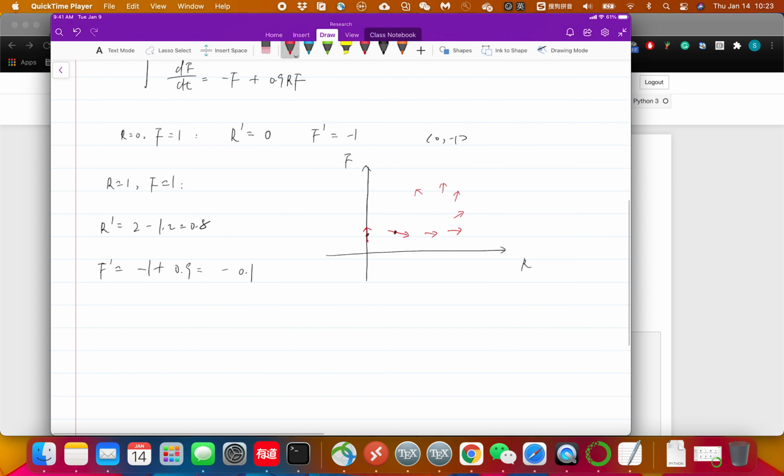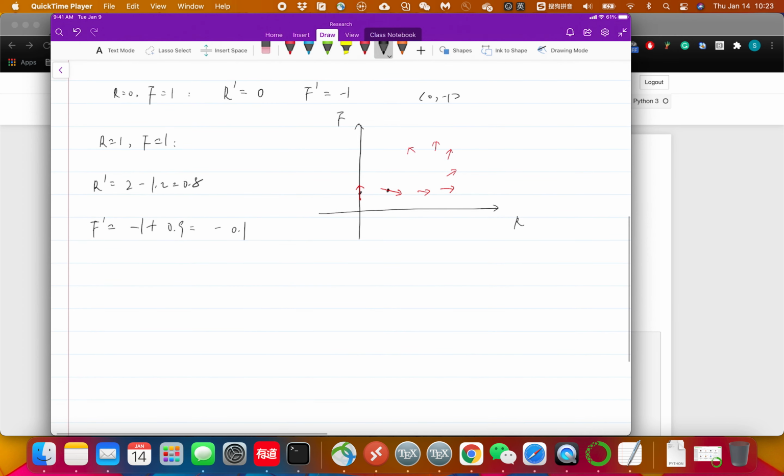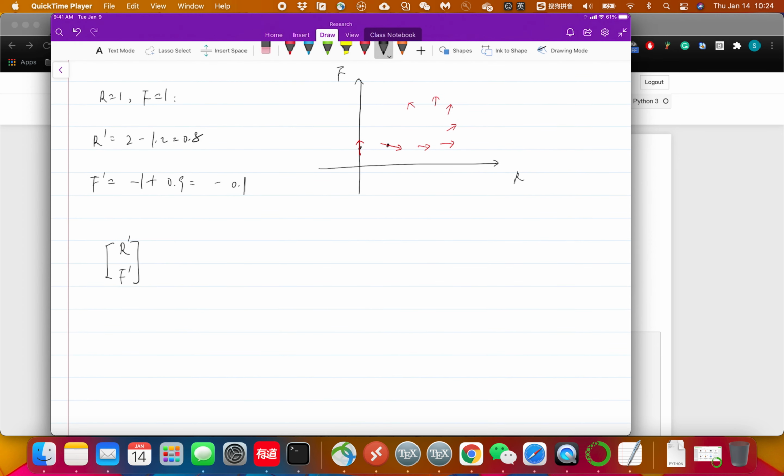So again, we have something very similar to the direction field in one dimension, with the ty plane. Of course, the interpretation is going to be a little bit different. This time we have the relationship, and this vector gives us what? It gives us r prime and f prime. That's what the vector tells us.